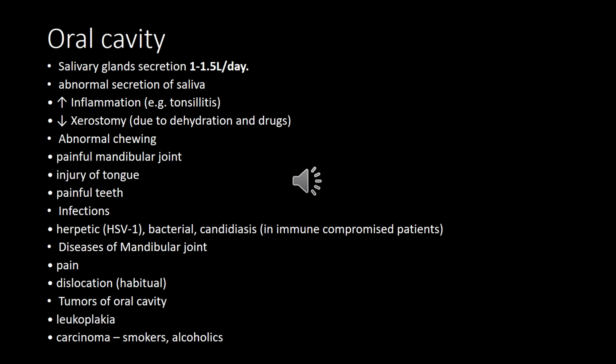This can happen due to inflammation like tonsillitis, and in case of tonsillitis it usually increases. Xerostomia is due to dehydration and drugs. Other problems include abnormal chewing, a painful mandibular joint, injury of the tongue, painful teeth, infections, the herpetic virus, and candidiasis, which occurs in case of a compromised immune system.